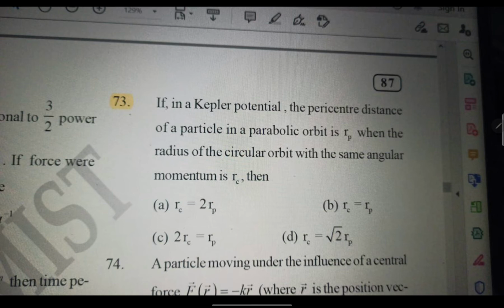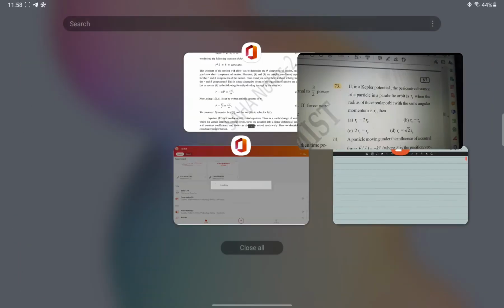So it is saying that there are two orbits, and the particle is moving in both orbits having the same momentum. The circular orbit has the radius rc, and the pericenter distance for the parabolic orbit is rp. And we have to find the relation between them. So let's do this calculation.